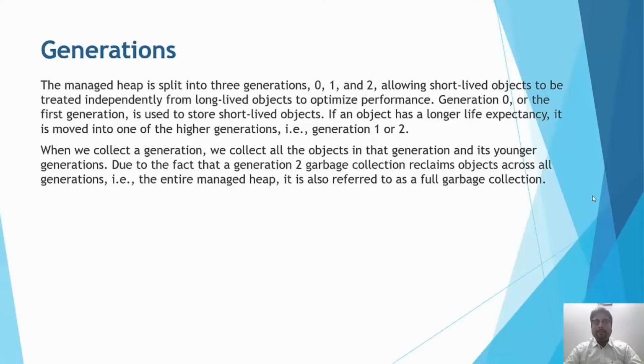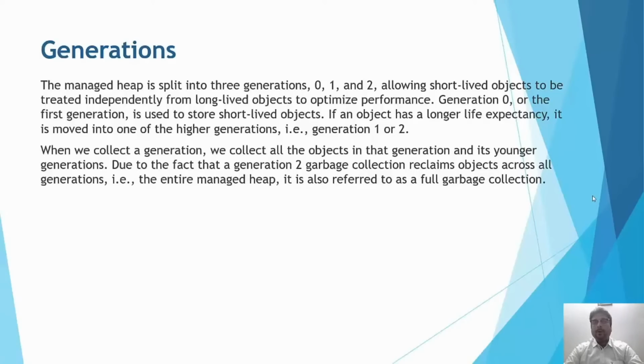The managed heap is split into logical chunks of memory. These are not physical divisions, just logical partitions, known as generations. The CLR splits the available managed heap into three generations: 0, 1, and 2.